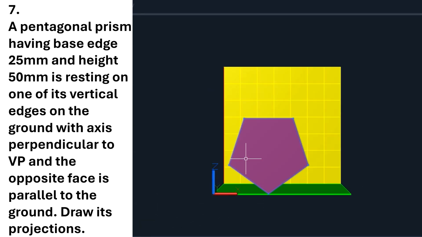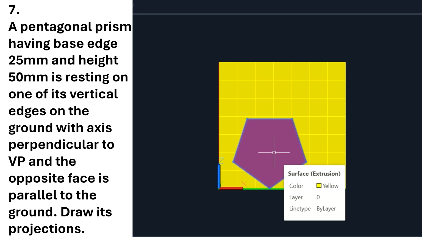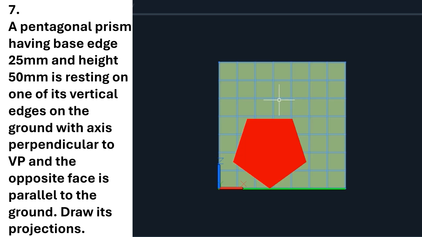We can see the front view will look like this. Let us give the corner points A, B, C, D, and then we can draw the front view first, because the base is parallel to VP, and then you draw the projections and draw the top view. The top view will be looking like this.